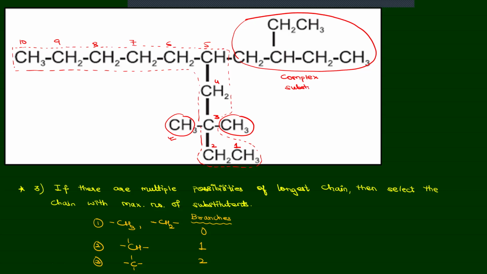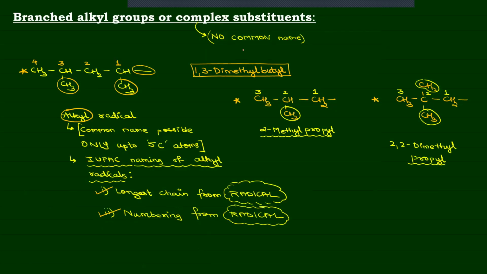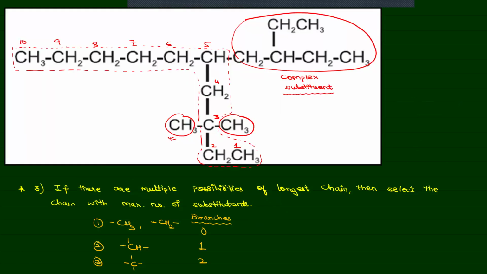So I have to use the IUPAC naming. The IUPAC naming of alkyl radicals is that the longest chain should be selected from the radical, and the numbering should also be selected from the radical.